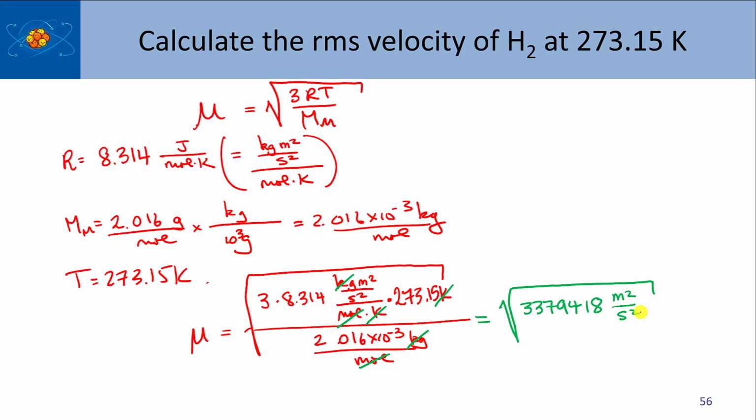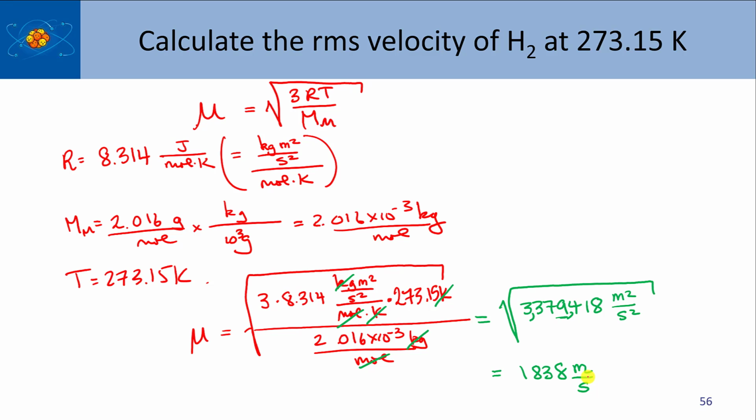I did all the math and divided by the molar mass, and that's what you're left with. I have 4 significant figures in my calculation. Then I take the square root and get 1,838, and it's meters squared per second squared under the root, so it ends up being meters per second. So a hydrogen gas molecule at 0 degrees Celsius is traveling about 1,800 meters per second.